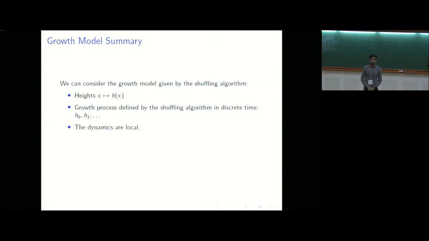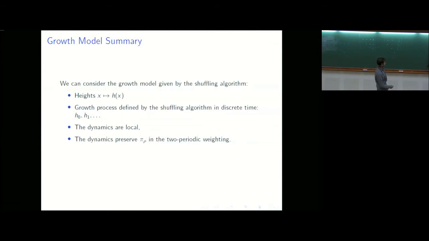One really nice thing about these dynamics is they're local. We're only doing local moves here. We're not deleting columns of particles. And as I alluded to briefly, when you run this for the two-periodic weighting, it doesn't change the weights too drastically. After even time steps, you get the same weights.